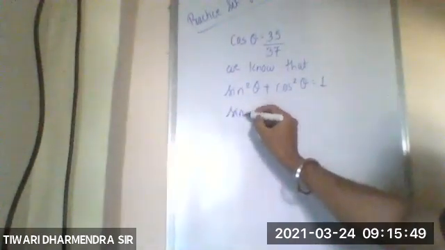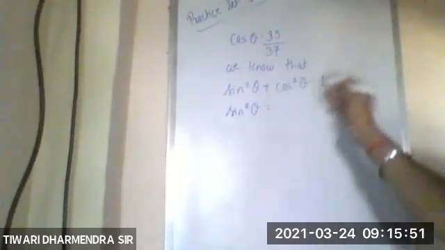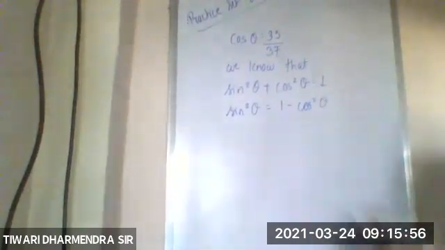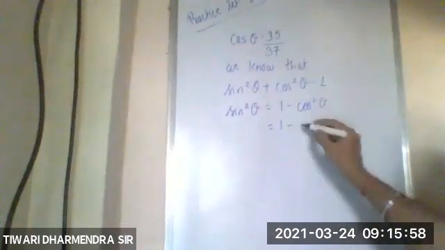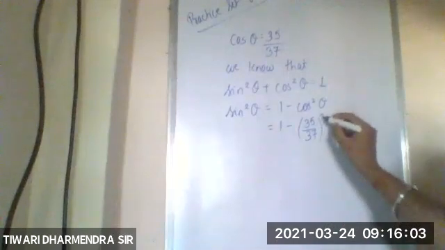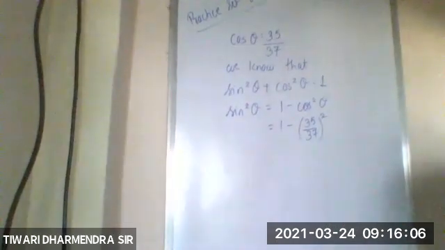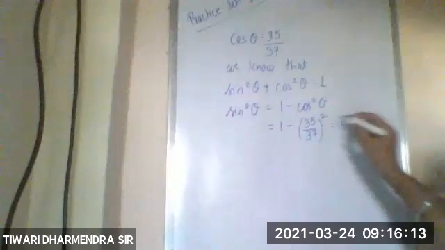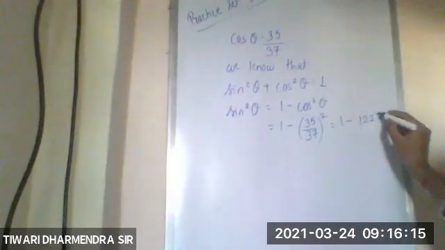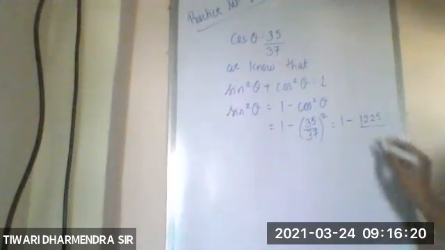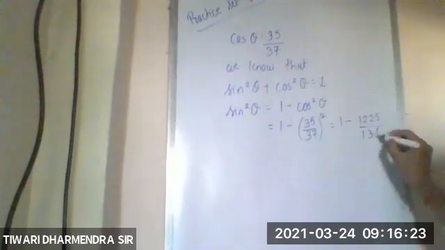Keep sine square as it is, and take cos square to the other side, so it takes the form of negative: 1 minus cos square theta. 1 minus the value of cos, 35 upon 37, square. 1 minus 1225 upon 1369.